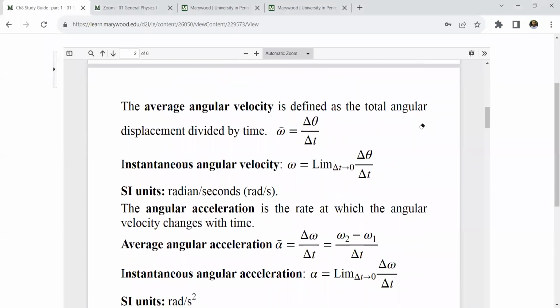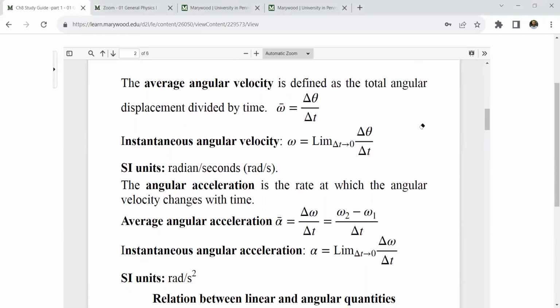The next we are going to learn about angular velocity. Similar to the velocity, we can also define the angular velocity. For angular velocity, we use this symbol omega. This is omega, it's not W. It's a Greek symbol, the lowercase omega. If you remember, the average velocity was the change in position with respect to time.